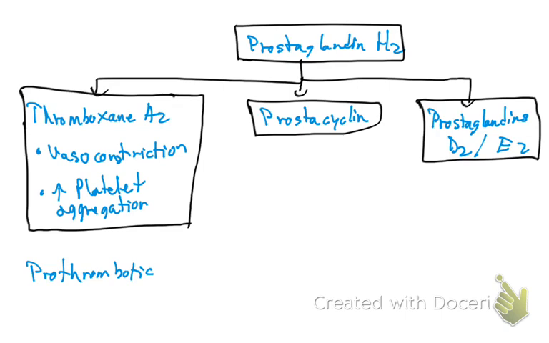Let's see what else we can see here. The other one is prostacyclin. In prostacyclin, we are going to see that it causes vasodilation. So basically it's the opposite of thromboxane A2.